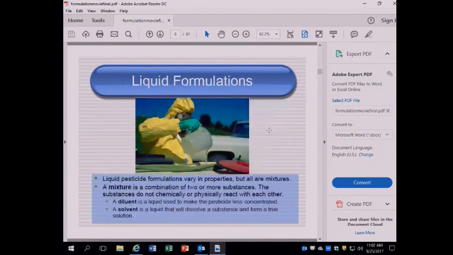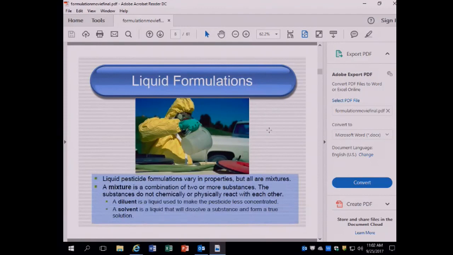A lot of liquid formulations are mixtures, in other words, a combination of 2 or more substances. The substances do not chemically or physically react with one another. One of them is the diluent. The diluent is a liquid used to make a pesticide less concentrated. In other words, you diluted it with something.